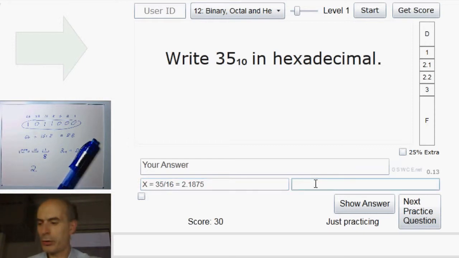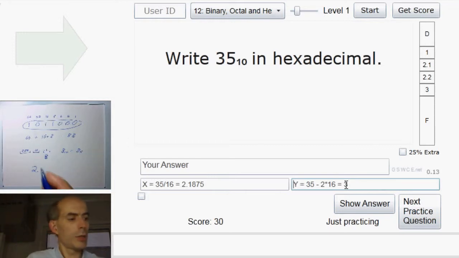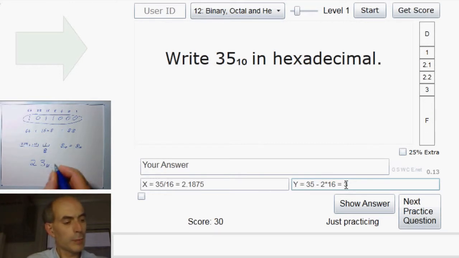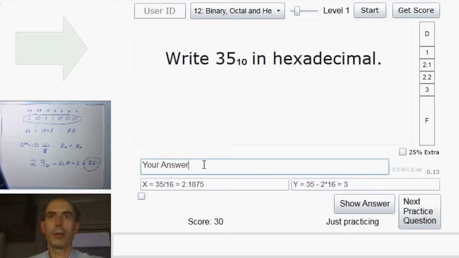If we take 35 and subtract 2 times 16, that leaves us with 3. So we need a 3 here as well. In other words, the hexadecimal number 23 means 2 times 16 plus 3, which is 35. So the answer is 23.